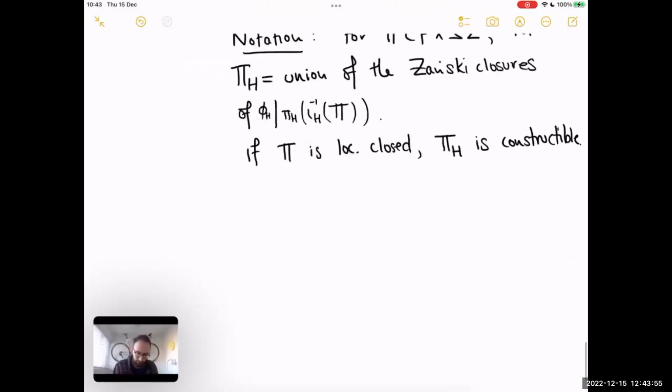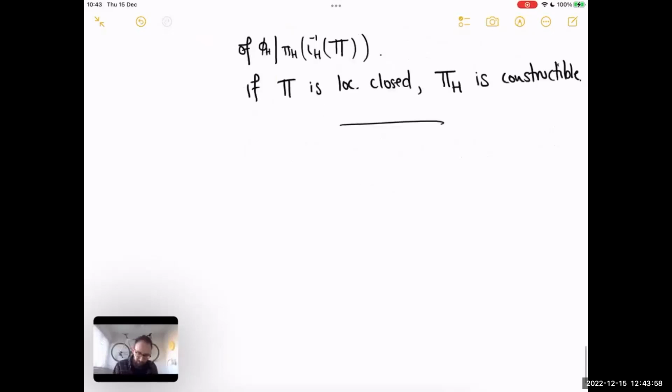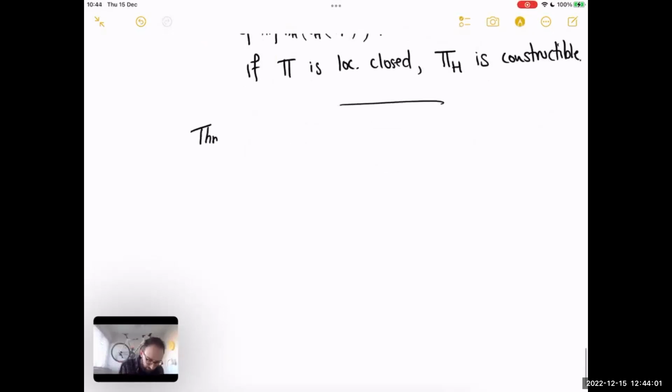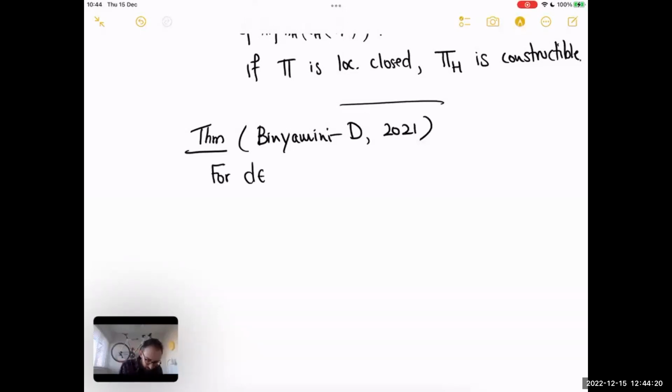Okay, so lots of gibberish, but in the end, I can now formulate the refined statement of geometric Zilber-Pink. So this is the result with Binyamini, which was sort of the middle of last year, I think. So what it says is that for each D, which will be the weakly special defect of the weakly optimal subvarieties you're considering, you obtain a locally closed subset, pi d, of the space P times omega.